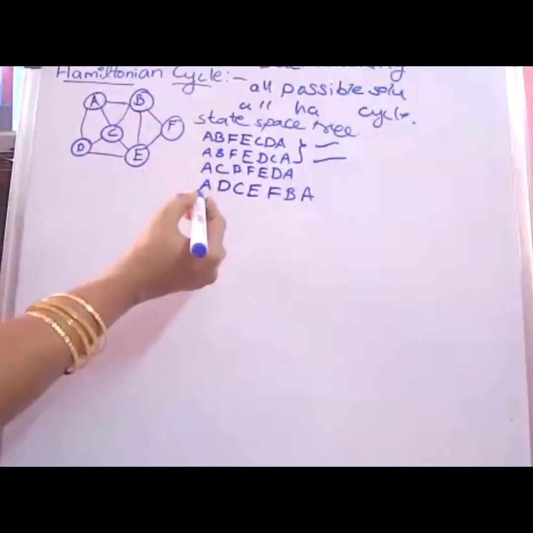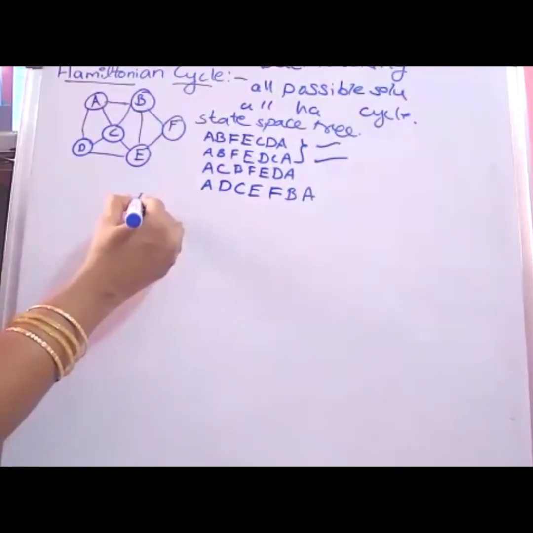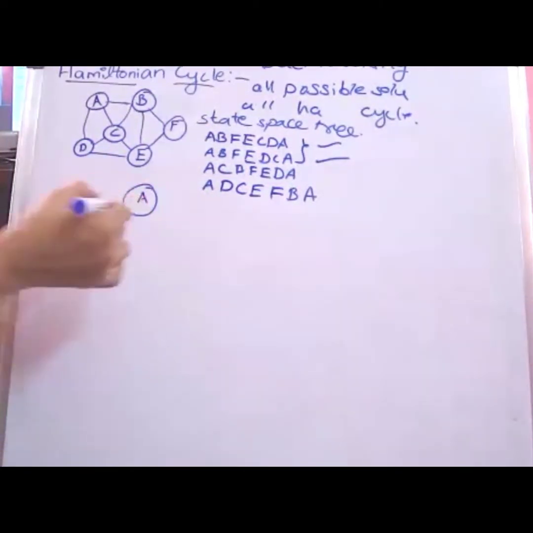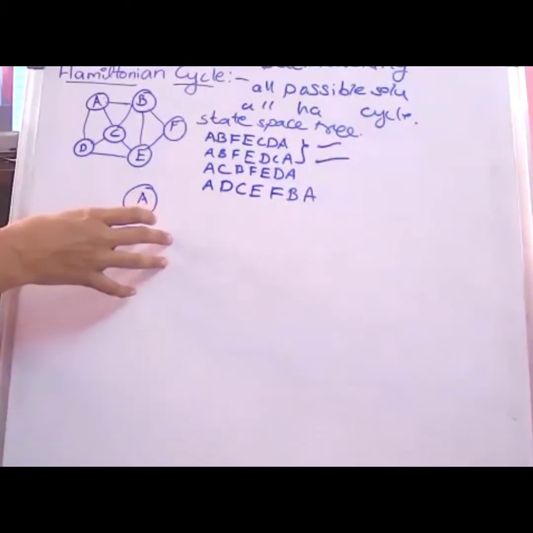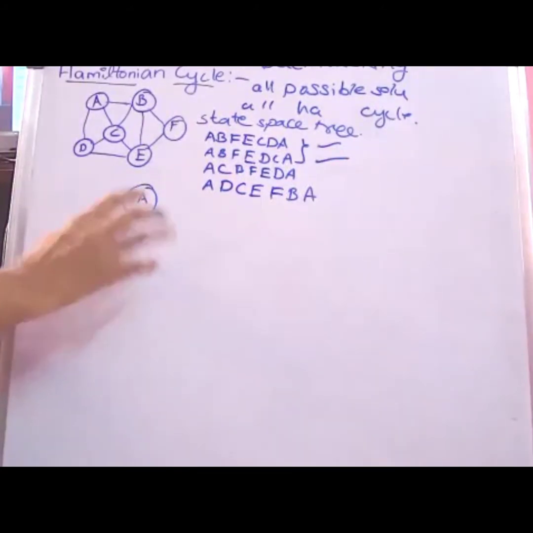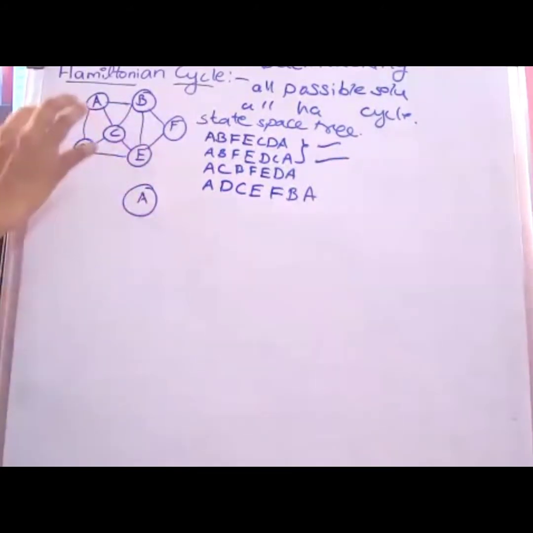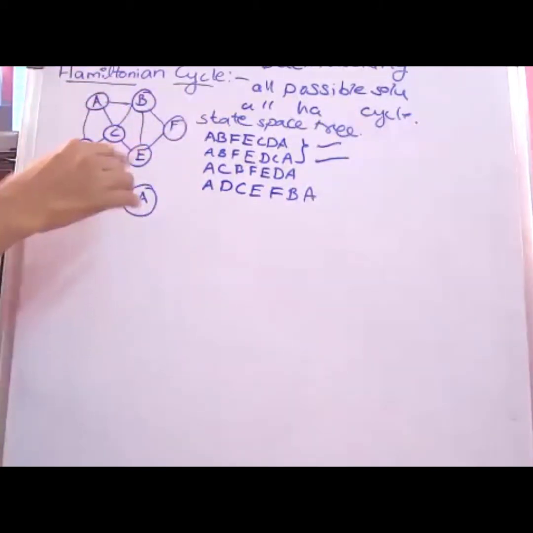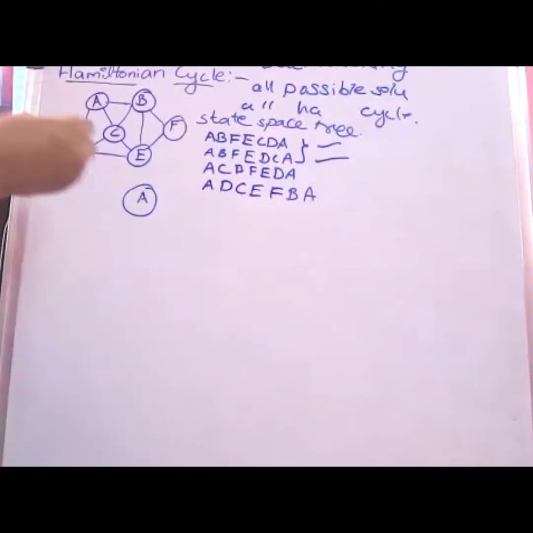So already some of the solutions were given. I'm starting with one possible solution, and to find it, I represent the solutions in the form of a state space tree. Before going to the state space tree, whatever graph they give in the question, check by looking at it whether there is any Hamiltonian cycle or not.